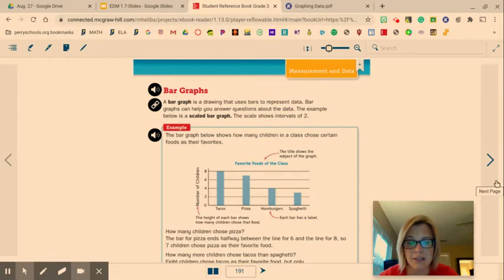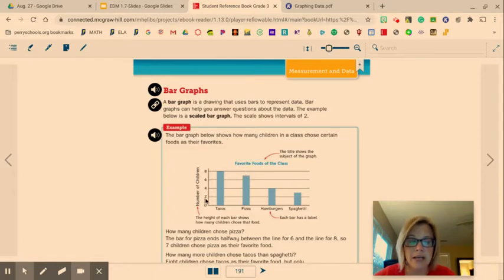When you set up a bar graph, you need to include a title to show the subject of the graph. So this one is called Favorite Foods of the Class, and when I look at it, I'm going to get information about favorite foods.